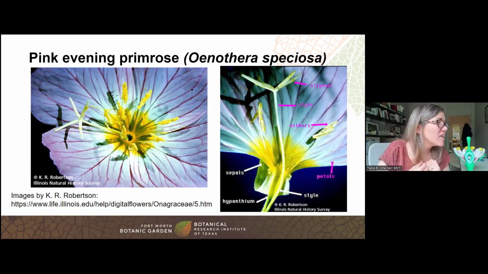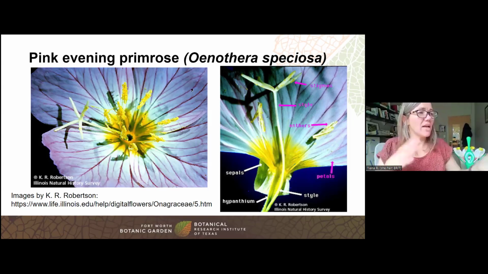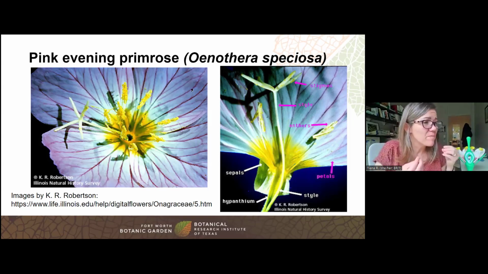So again, 1, 2, 3, 4, 4. Okay. On the left-hand side, that photograph, you can probably, with difficulty, count 8 anthers, 8 stamens. So those bright yellow kind of little club-shaped things are the anthers of this Oenothera speciosa.